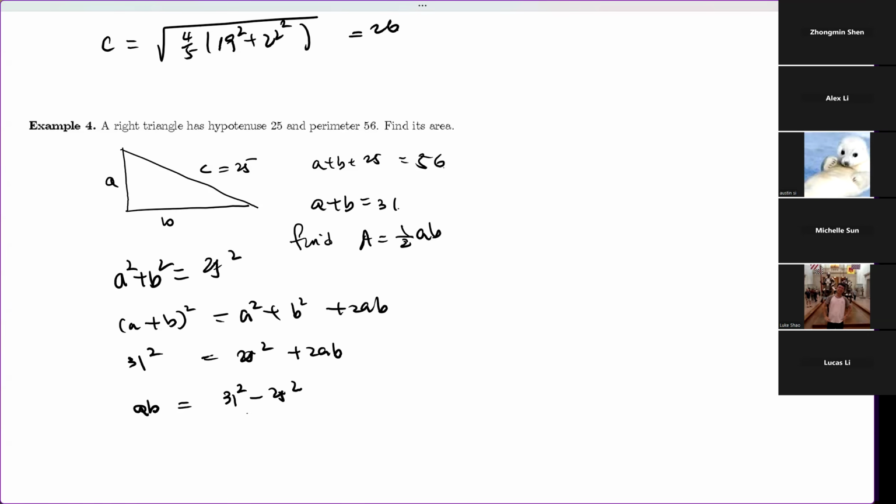If you want to find the area, you need AB divided by 2, so you put 2 here. Then you solve the problem. So the area will be 84.